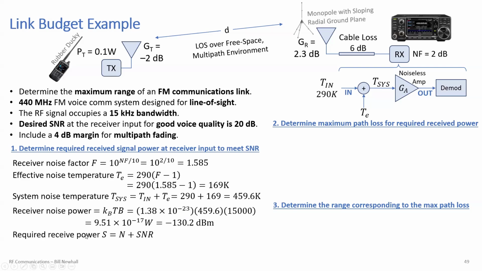Right? And so the required received power for the signal is then the noise plus the SNR. And so we need minus 110.2 dBm. That's the power required at the receiver for a 20 dB SNR. Okay, so that's the RF power we need there.